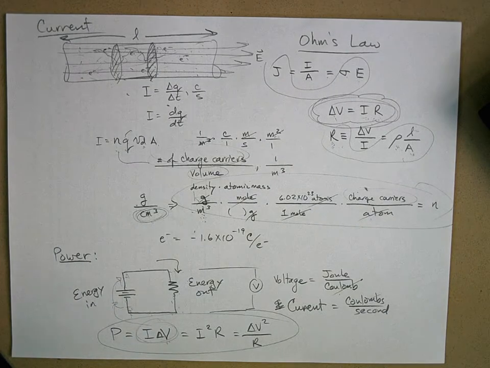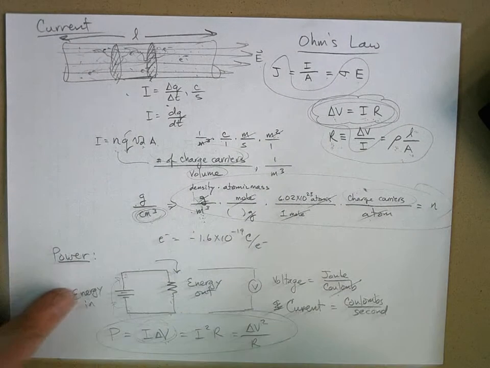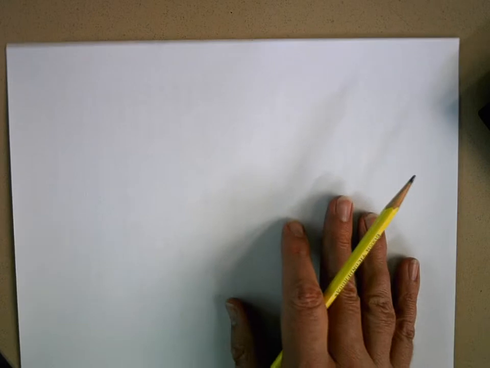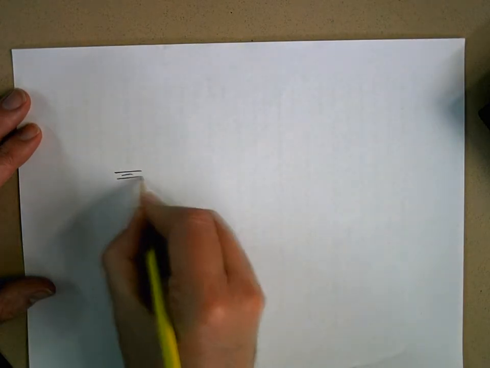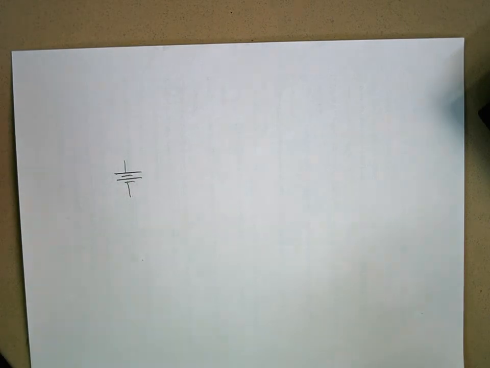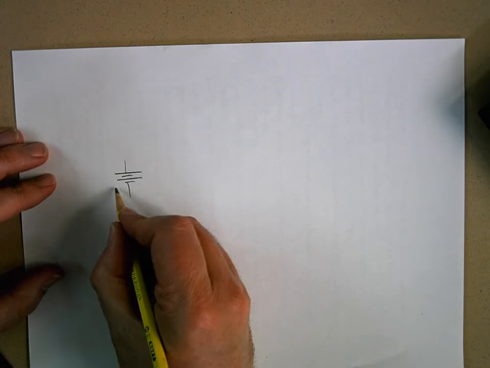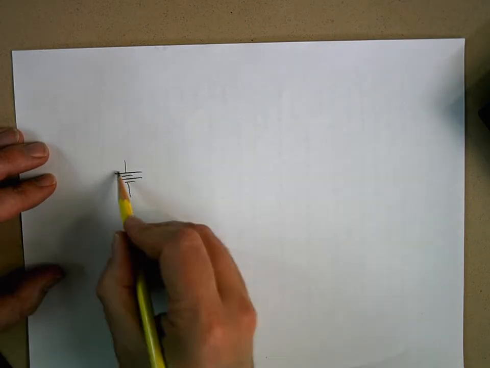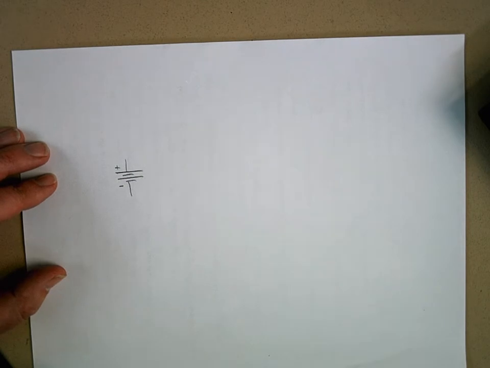Now, let's talk about batteries for a little bit. A battery is an electrochemical device where a chemical reaction takes place that breaks chemicals into ions, and you get a surplus of electrons over here, and you get a lack of electrons over here. That's what we call a positive.